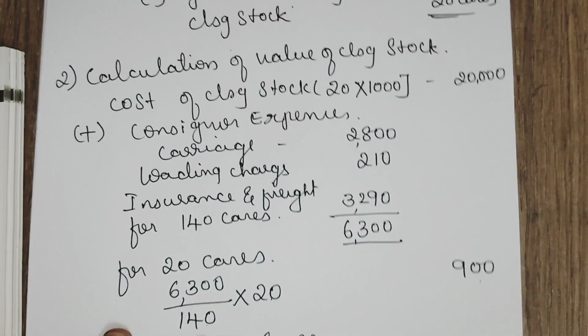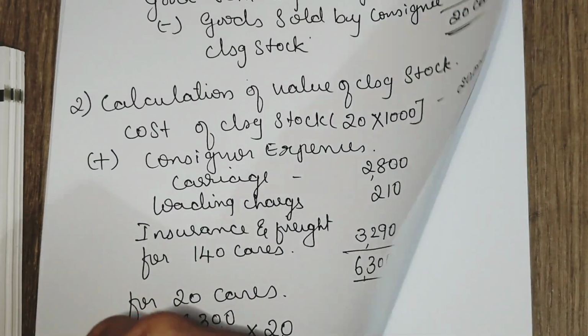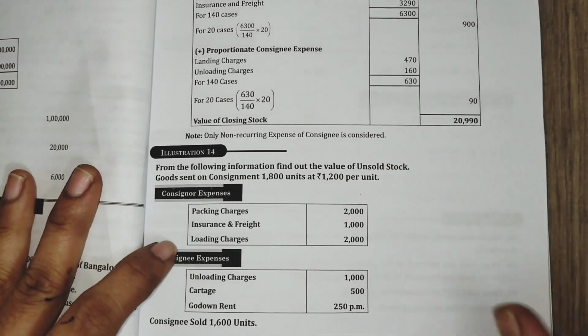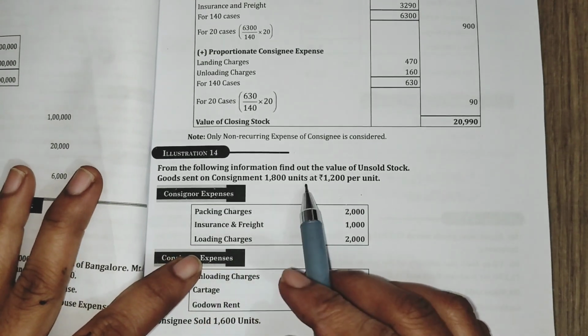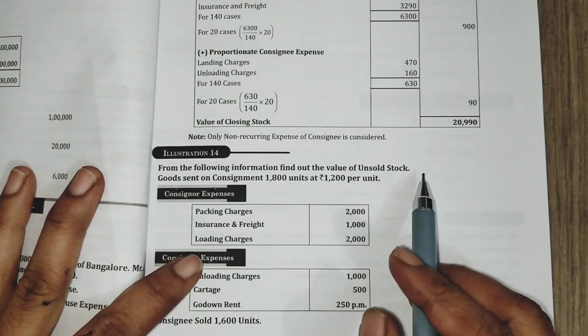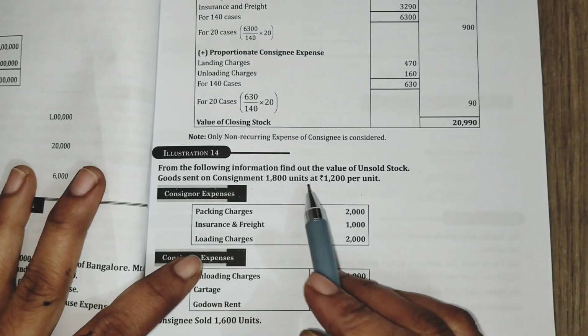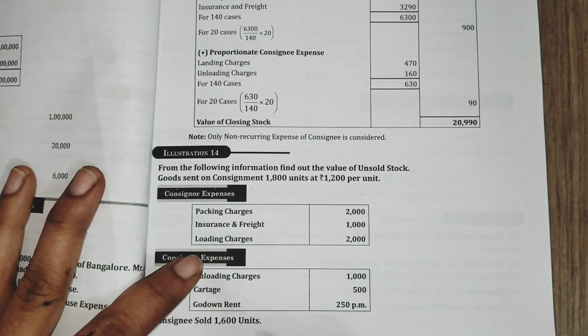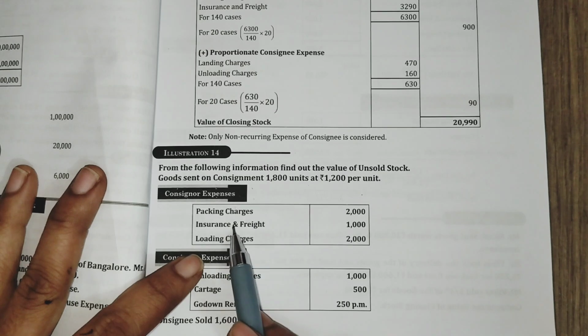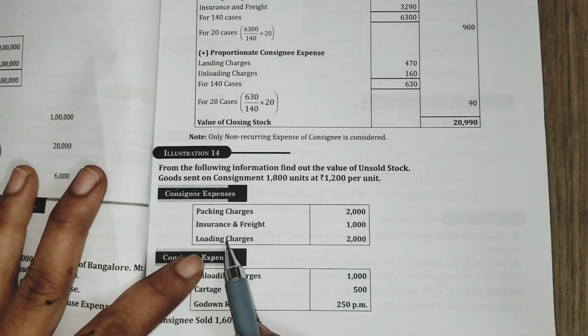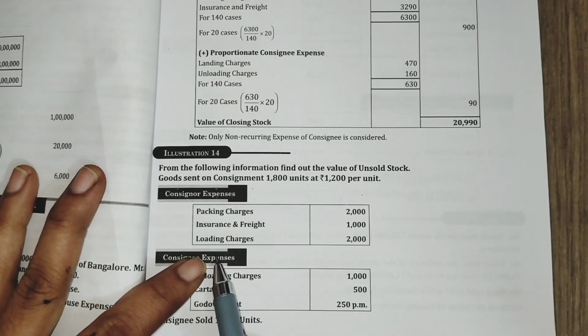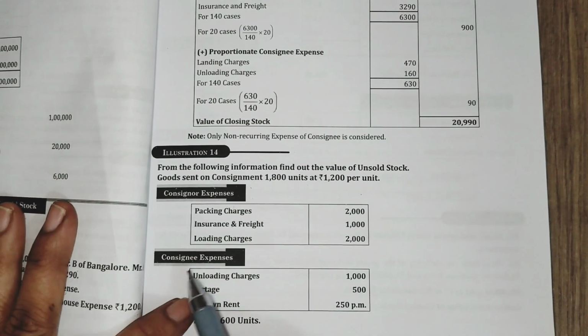Right? Yes. Let us solve one more question. From the following information, find out the value of unsold stock. Goods sent on consignment 1800 units at rupees 1200 per unit. Consignor expenses: packing charges 2000, insurance and freight 1000, loading charges 2000.